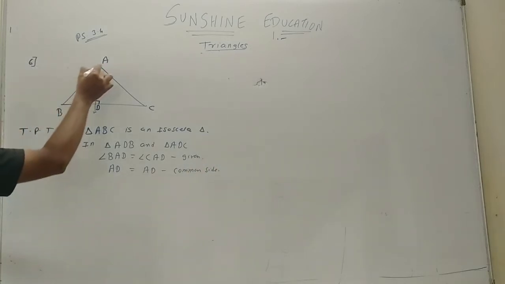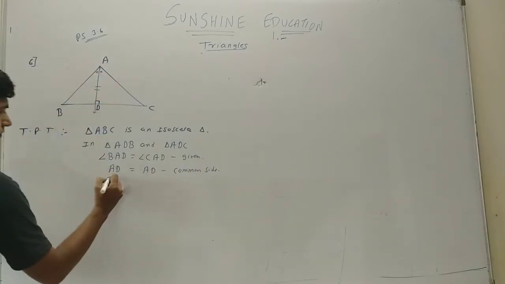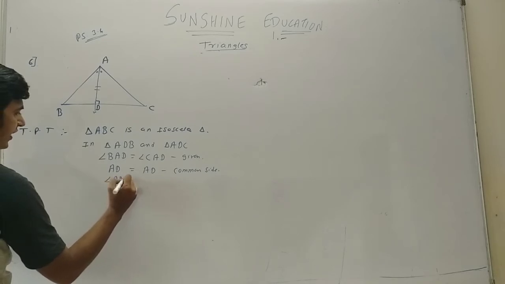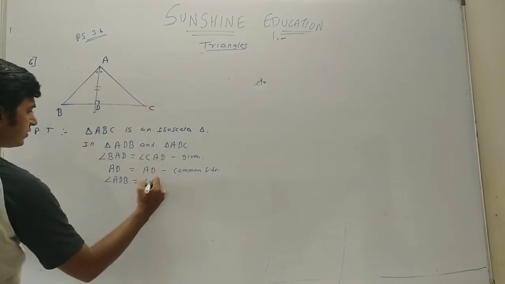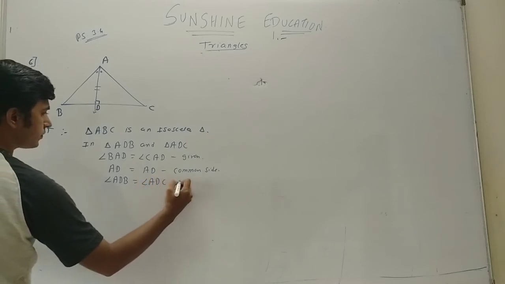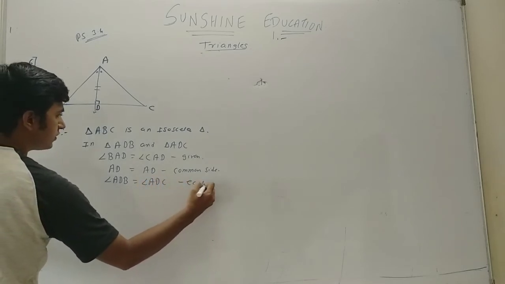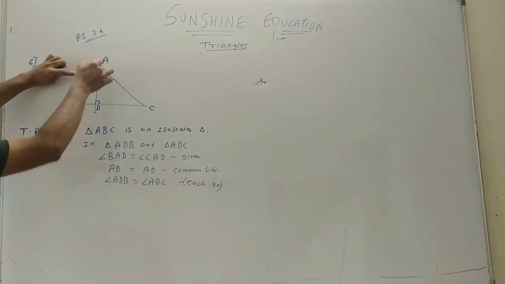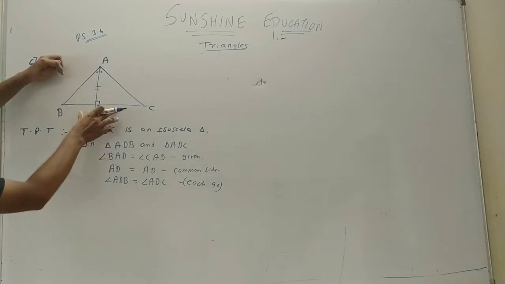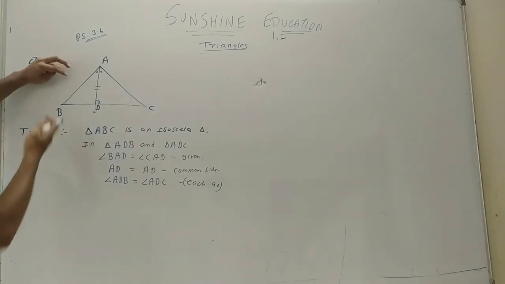And angle ADB is equal to angle ADC, each 90 degrees. How come I know that this is 90 degrees? They have said that the bisector of angle BAC intersects BC at 90 degrees, or it is perpendicular.